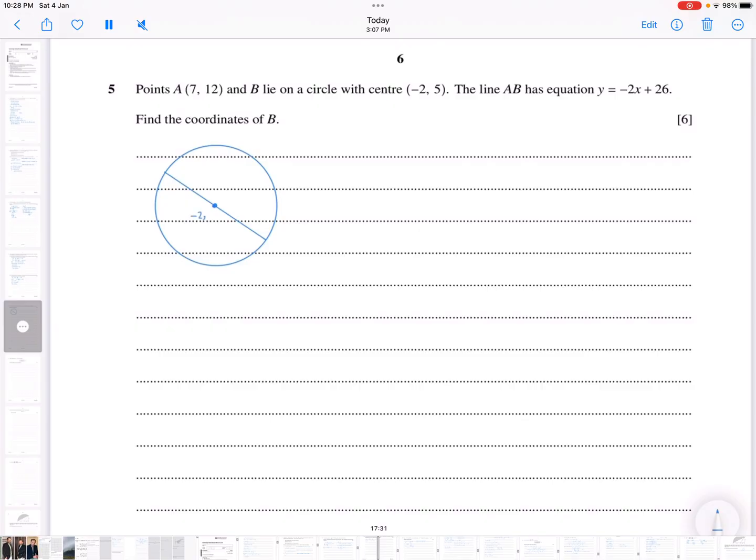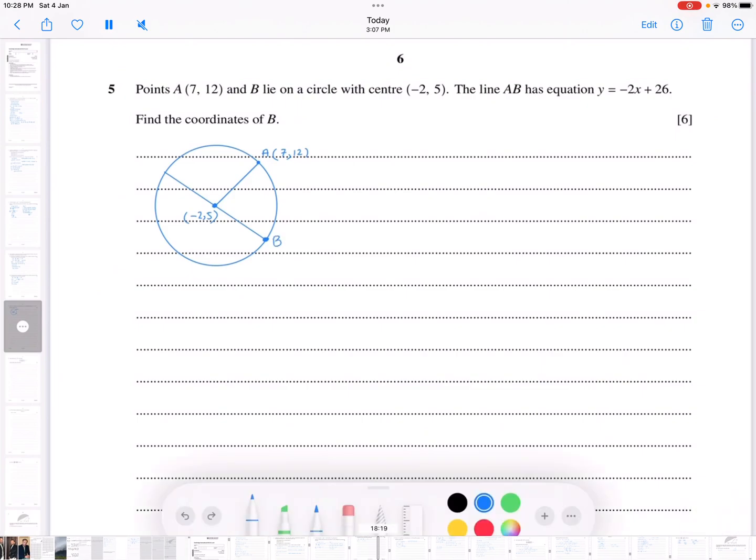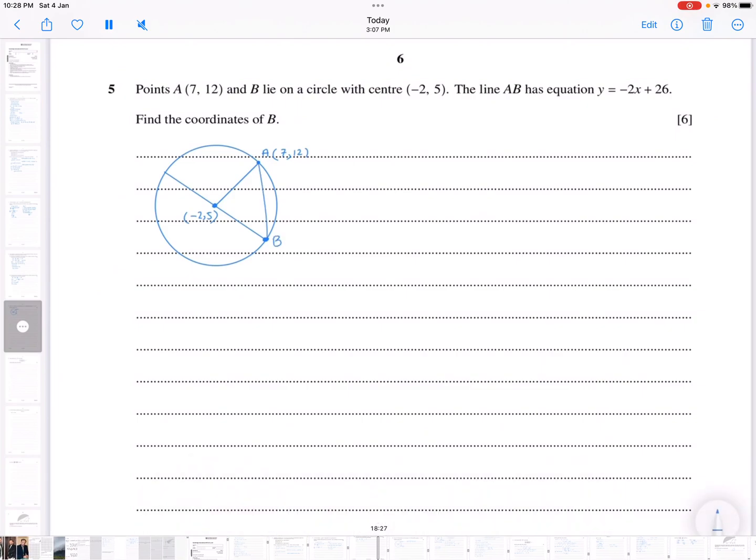The coordinates of the center are given, and let me make this radius and write A on the circumference and its coordinates are given. Somewhere write B here. So how to find the coordinates of B?